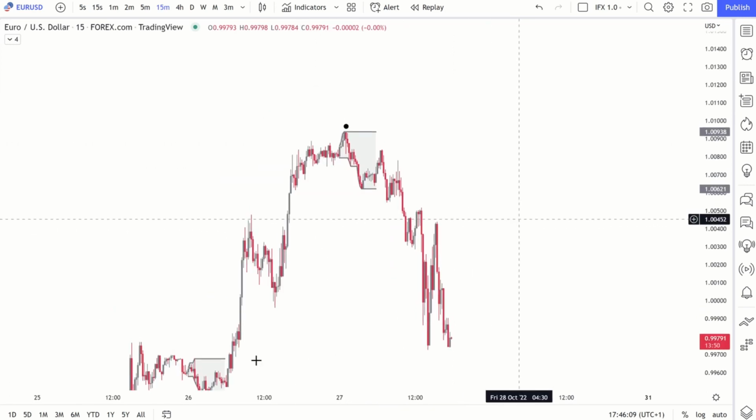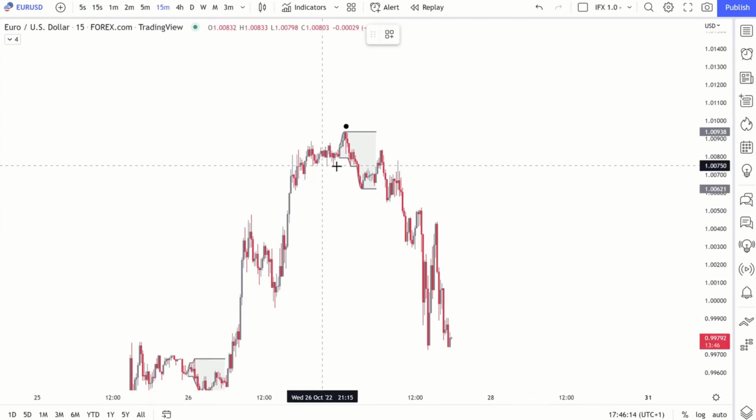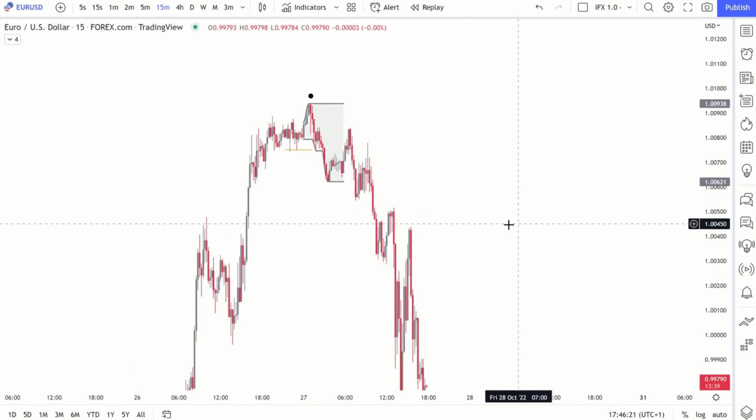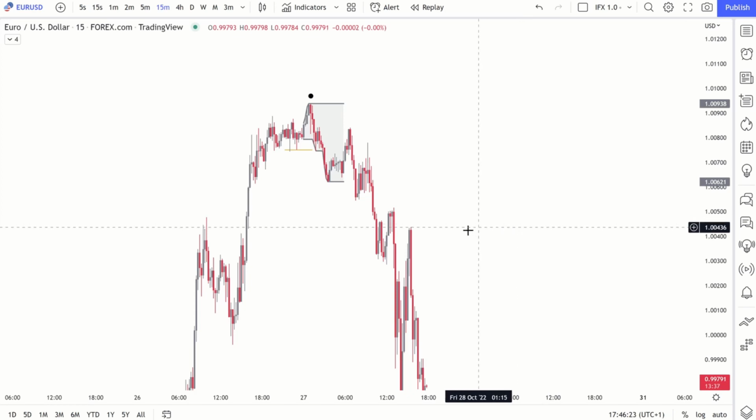And from here, what do we start to see? Well, initially, we start to see a change of character. That's a really good sign that price is potentially now going to continue bearish.